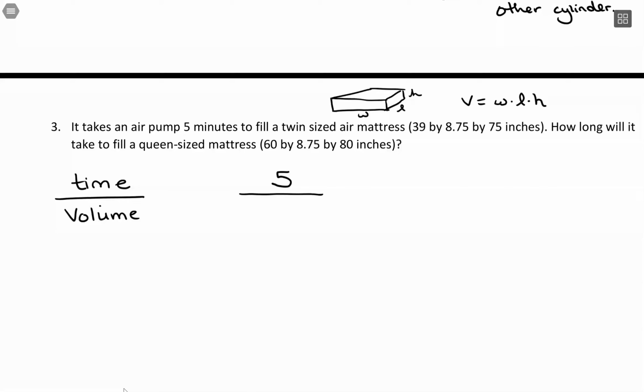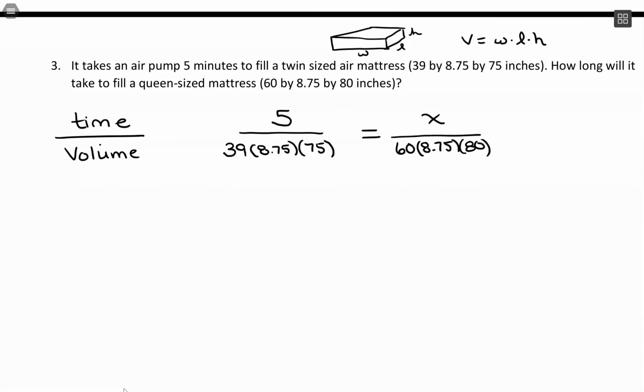What I'll have in the denominator is 39 times 8.75 times 75. And that's going to equal the unknown time for the queen-sized mattress, x, over the volume of the queen-sized mattress, so 60 times 8.75 times 80.